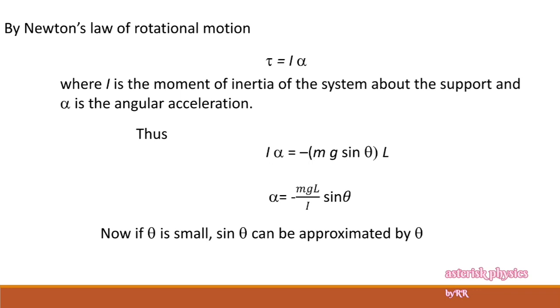Otherwise, if theta is very large, you know the expression of sine theta that we have discussed in mathematics. Sine theta is equal to theta minus theta cube by 3 factorial plus theta raised to 5 by 5 factorial minus, etc. So, if theta is large, alpha will be proportional to theta and even higher powers of theta.